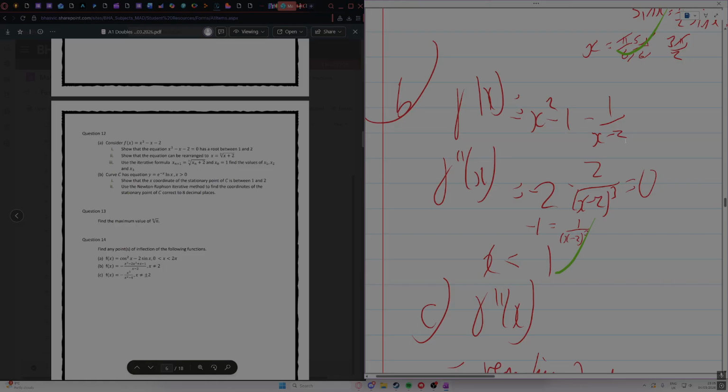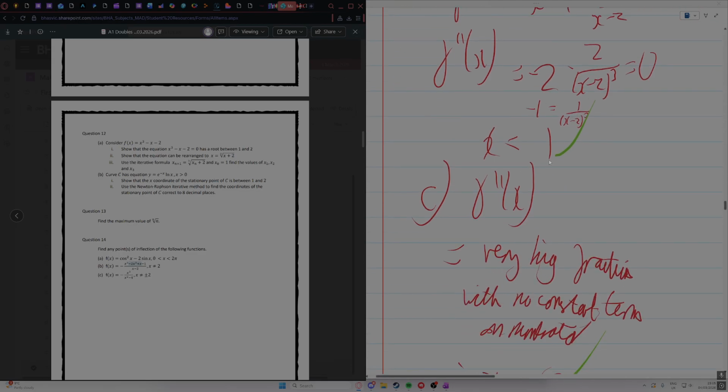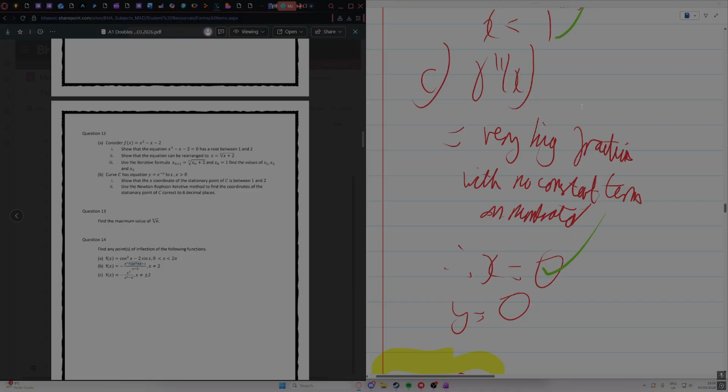Here you have to do algebraic division. I was hoping that this would just factorize, but it doesn't. Then differentiating it twice gives you this, and this is the easiest one, really. And then here, this is not very horrible to differentiate, but differentiating it again would be horrible after doing quotient rule and then another set of product rules and quotient rules.